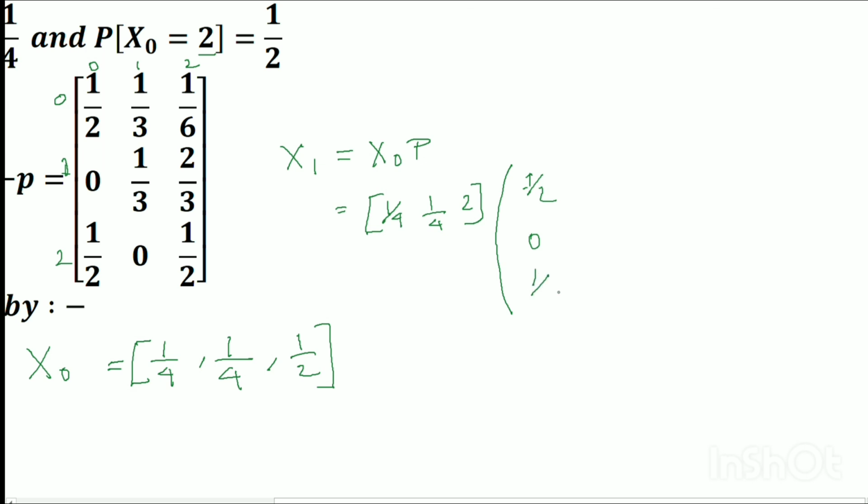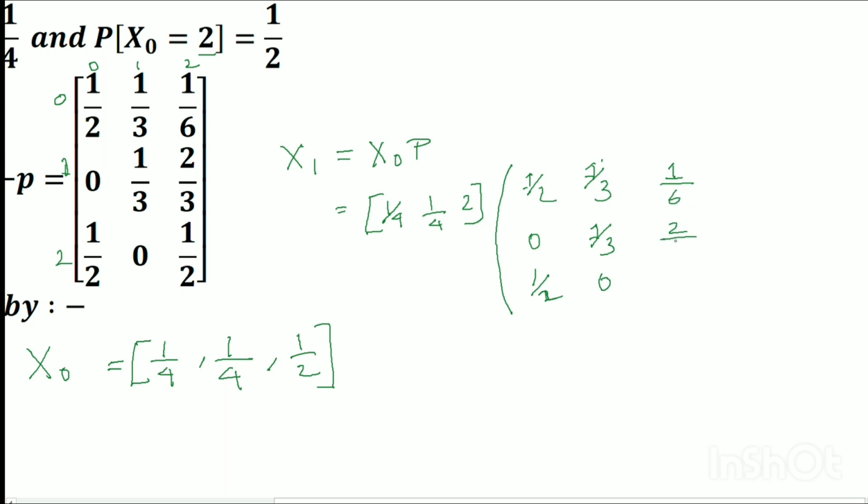So 1 by 2, 0, 1 by 2, 1 by 3, 1 by 3 and 0, 1 by 6, 2 by 3 and 1 by 2.